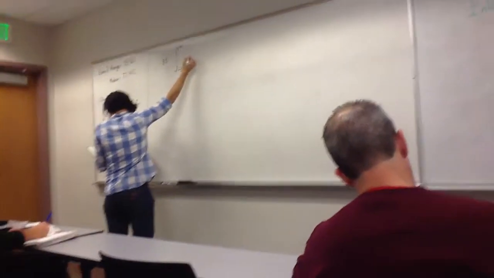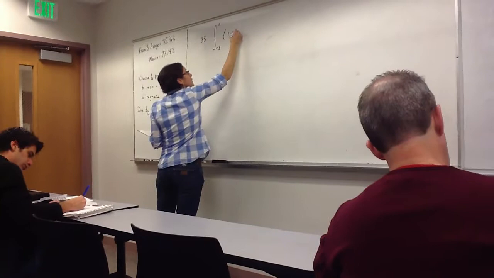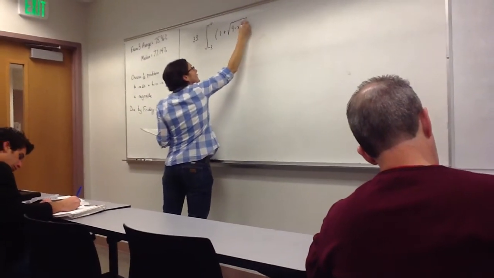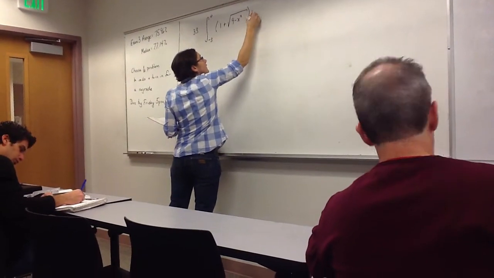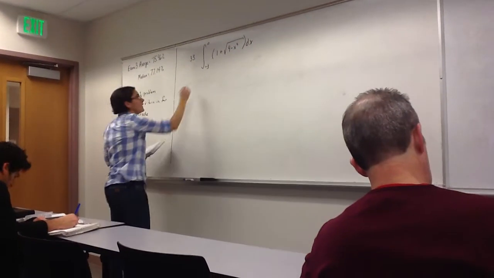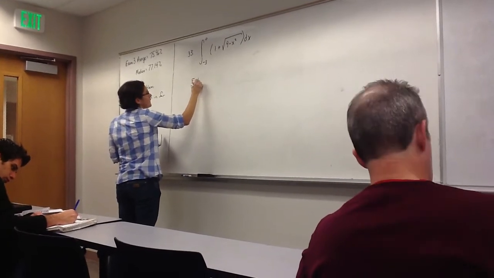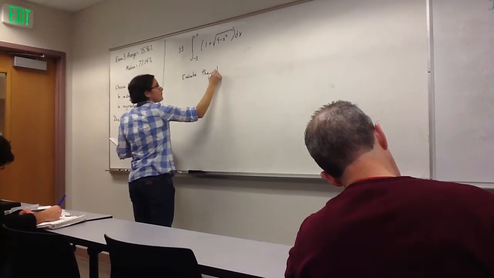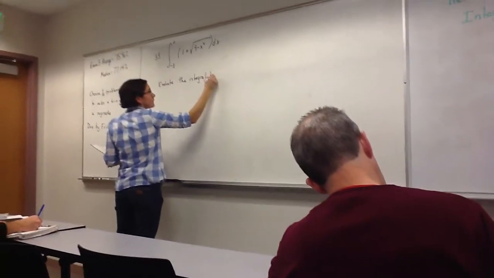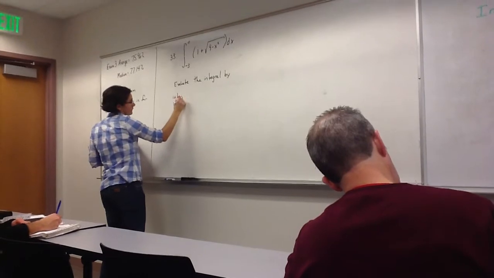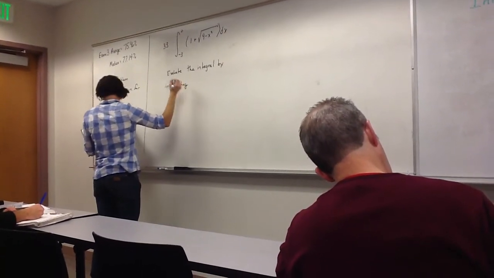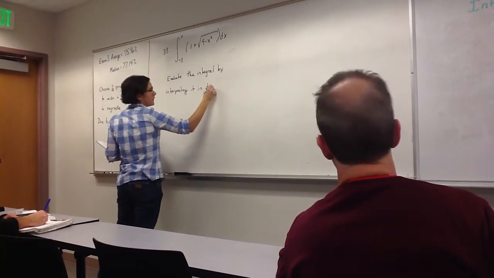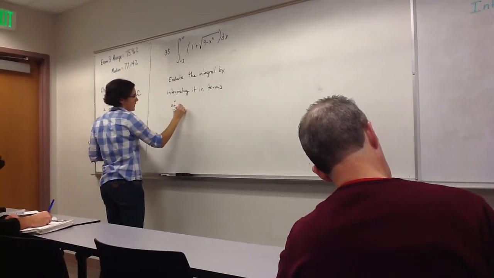The integral from negative 3 up to 0 of 1 plus the square root of 9 minus x squared dx. And our job is to evaluate the integral by interpreting it in terms of area.